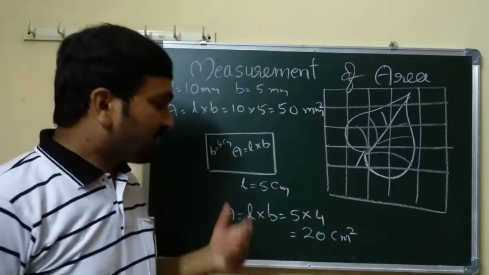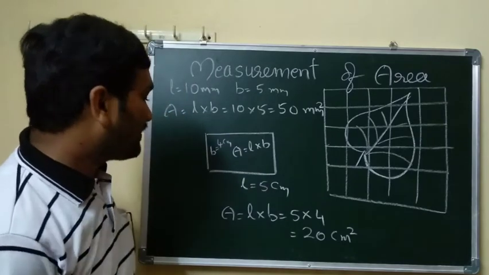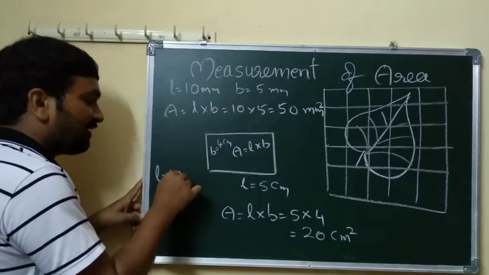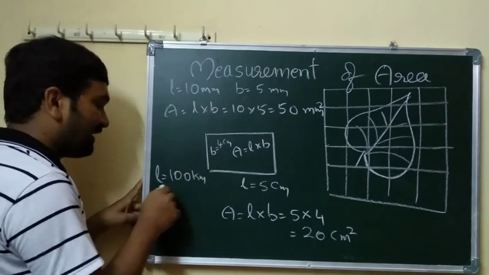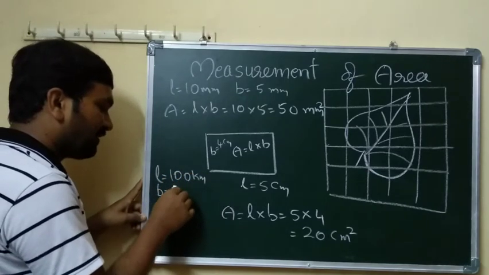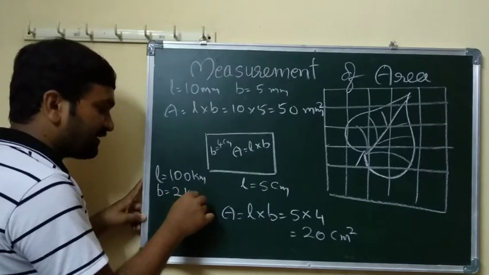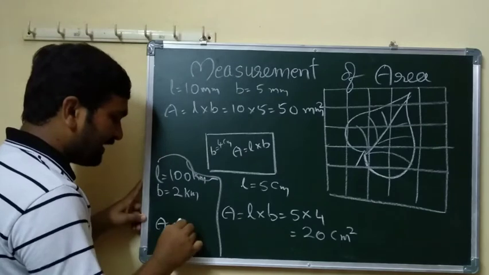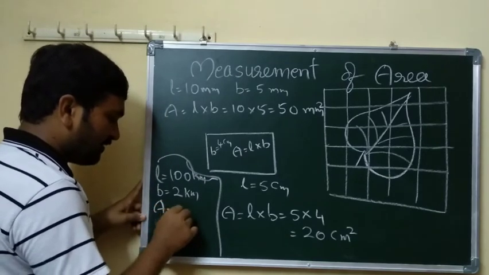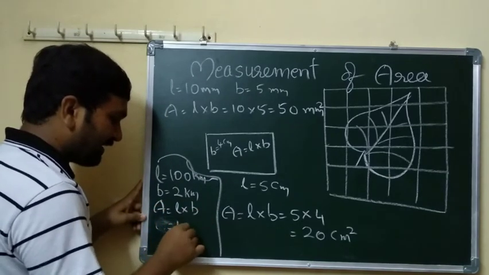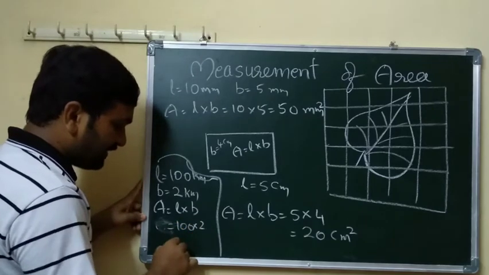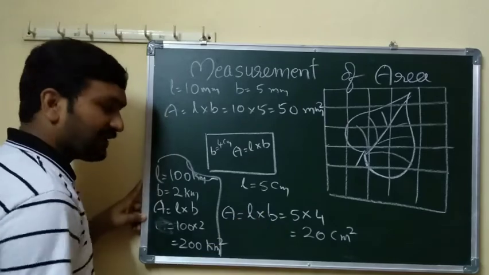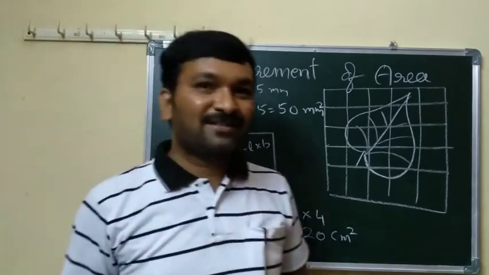Suppose we get a big one also. Suppose length equals 100 kilometers and breadth equals only 2 kilometers. Then area equals 100 into 2, that is 200 kilometer square. Square kilometers also we can write.